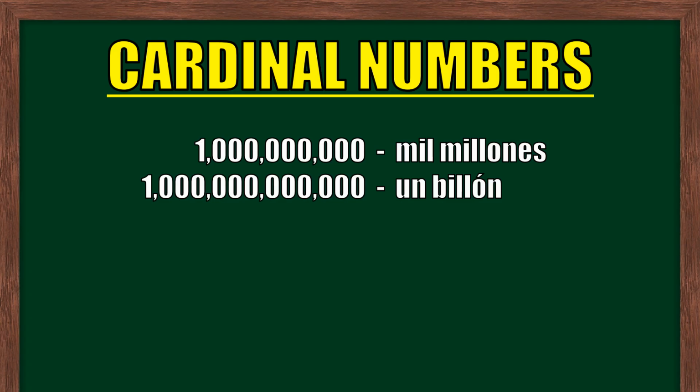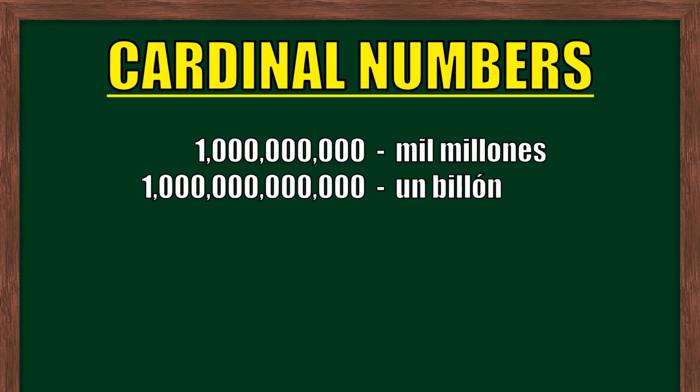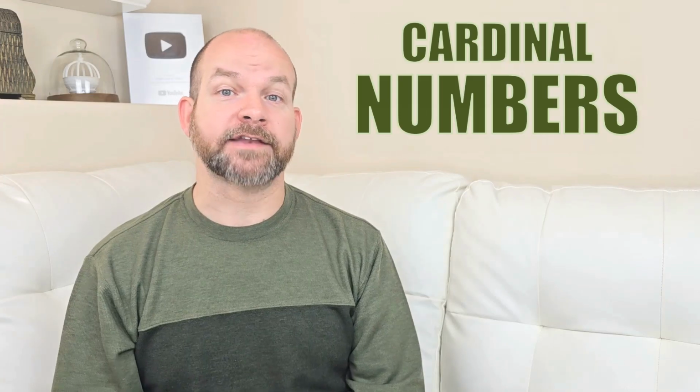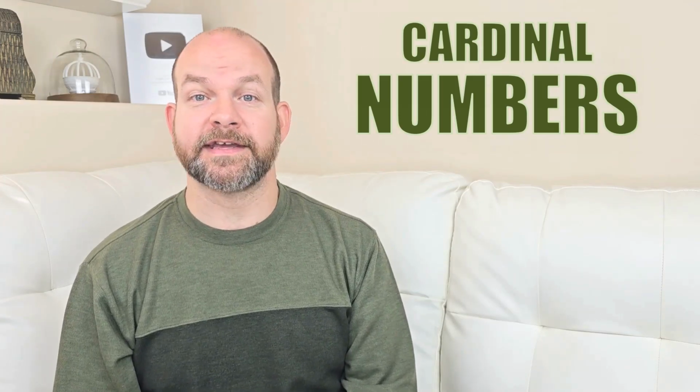So billón in Spanish is the equivalent of trillion in English, not billion. 1 billion, mil millones. 1 trillion, un billón. And with that, now you know how to count from 1 to 1 trillion in Spanish.